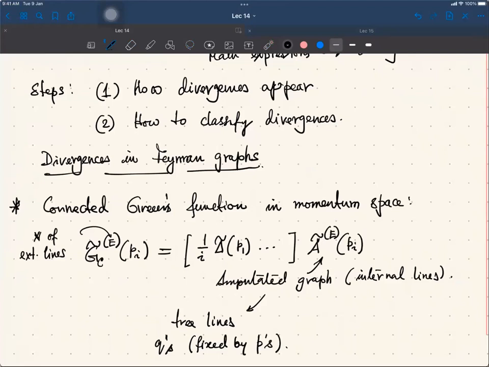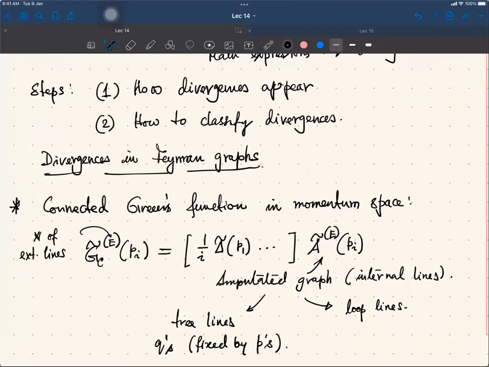And there is another type of internal lines, which are loop lines. It is a line which is part of a loop, and through which a certain momentum is flowing, which is not fixed by the external momenta. And corresponding to this type of loop momenta, we will have integration.